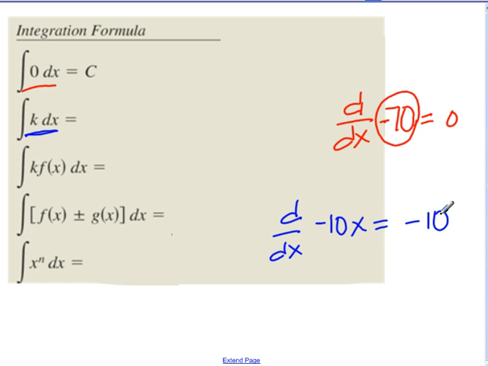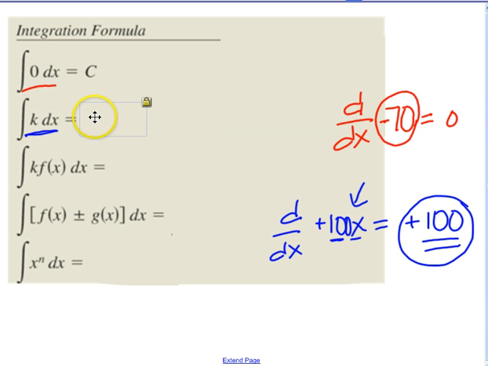If I did the derivative with respect to x of positive 100x, my answer would be positive 100. So what I keep getting here, instead of 0, is a constant. What causes me to get a constant is when I have that constant times just plain old x. So what I know is that the antiderivative of k dx is kx plus c.